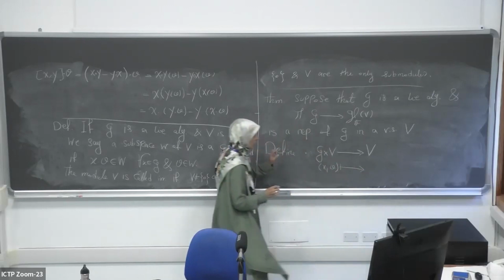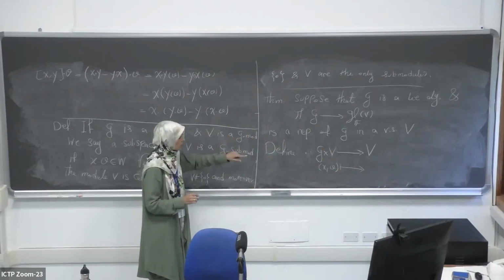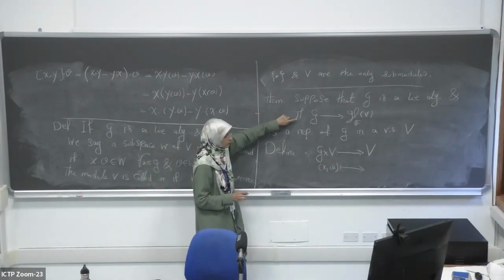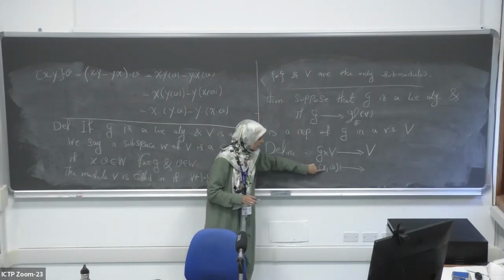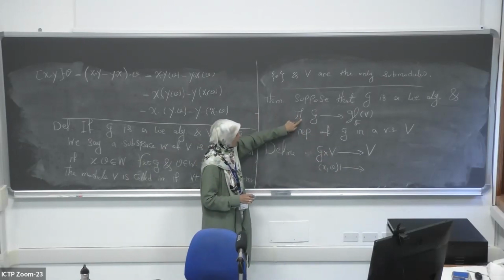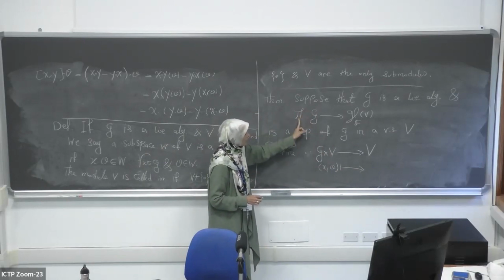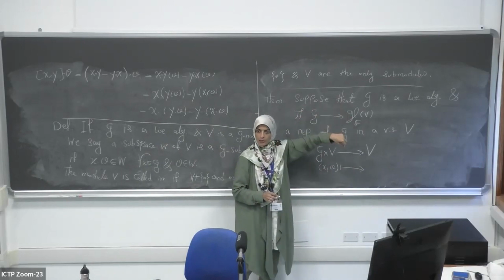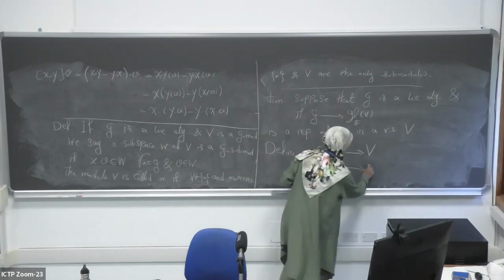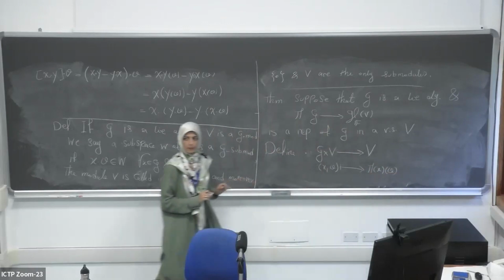So let's look at the natural one that we can define. We have this pi, and we want to define this. I have x and v. I can take x in G and then transfer it to pi of x and then apply it on v. So I define it in this way.